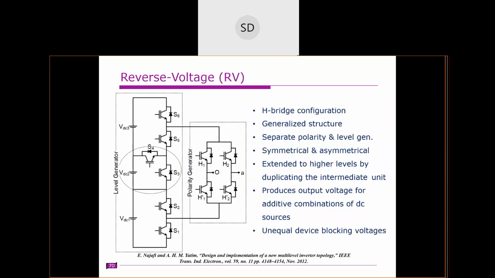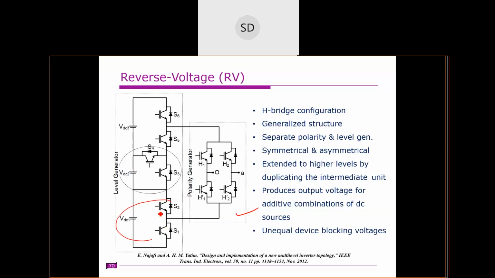So next one is the reverse voltage topology, another topology, RV topology. Here the circuit is like this with the polarity generator, and its operation is the same as whatever we discussed earlier. So this is one cell, this is another one, and this is another one.